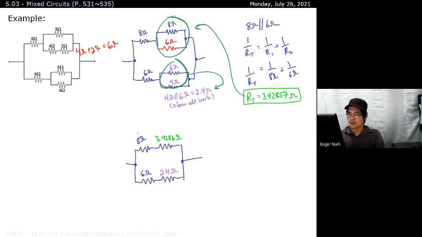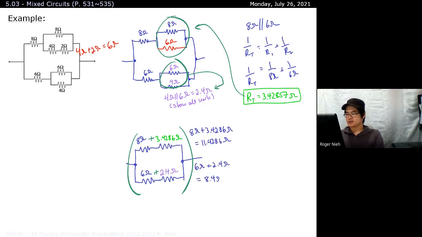We can still visualize that there's big brackets on the outside. But before we deal with the brackets on the outside, we need to deal with the resistors in series first. So that's what we're going to do. We're going to add the 8 with the 3, which will give us 11 ohms, or 11 and change. 6 plus 2.4 will give us 8.4. And here's our next diagram.